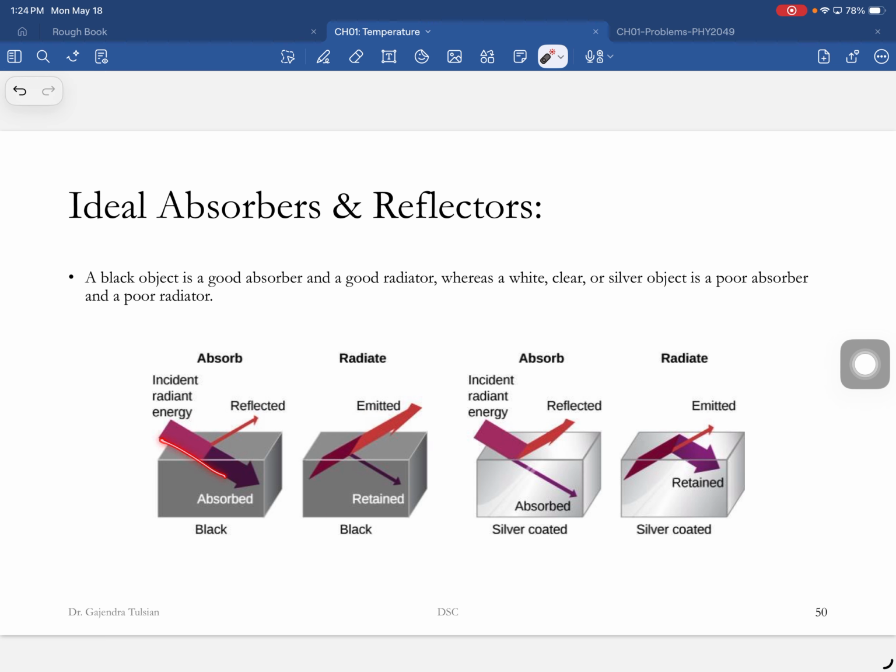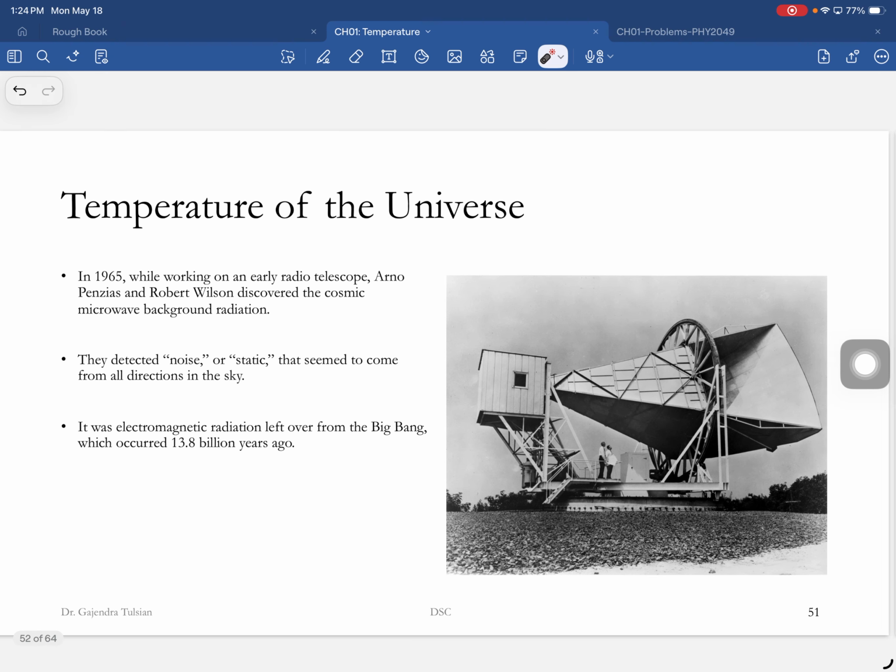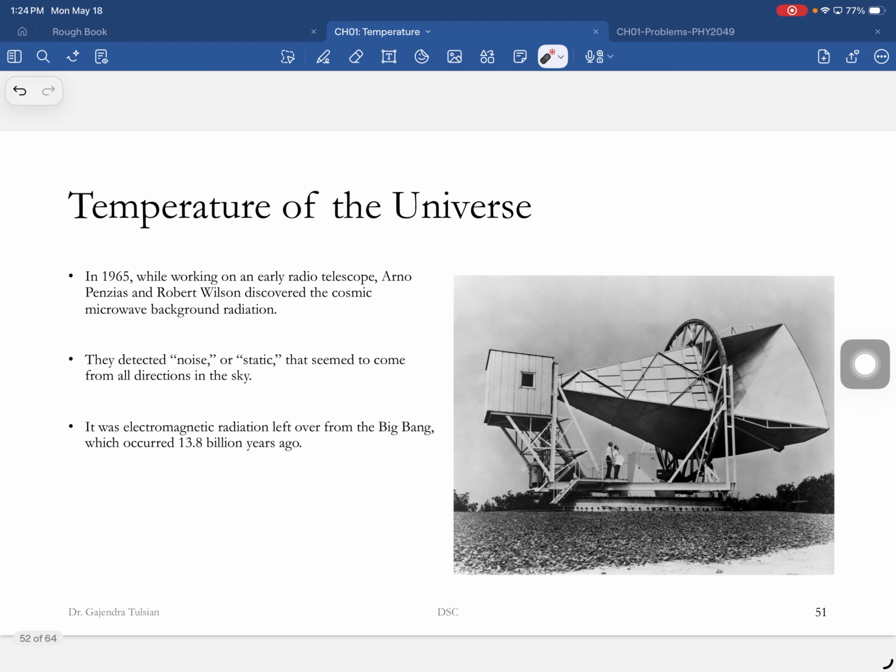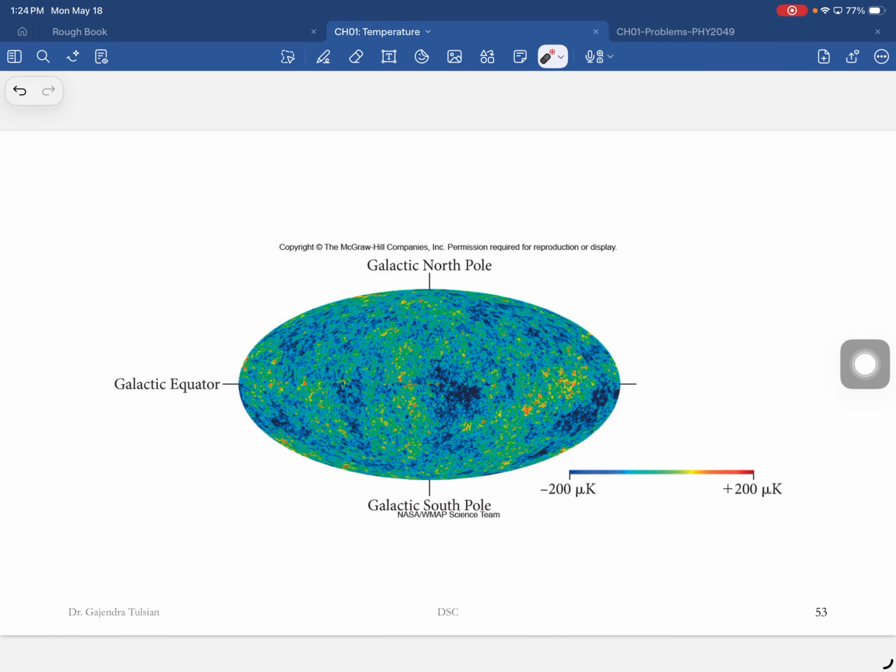Because these guys will knock off the electron. So when will the hydrogen atom form? It cools down to what point? 13.6 electron volts. Very good. The average energy of the photon has to become less than 13.6 electron volts. That happens at that age.